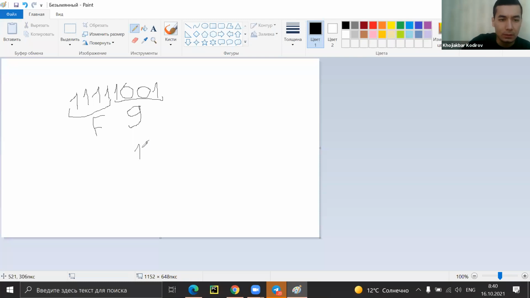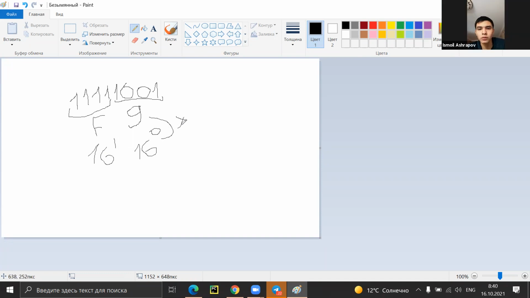It will be represented as 16 to the power 0 and 16 to the power 1. What will 16 to the power 0 be? One. And we multiply 9 by itself, and we'll get 9. 16 to the power 1 is 16, and 15 multiplied by 16 is 240. Are you sure, guys?